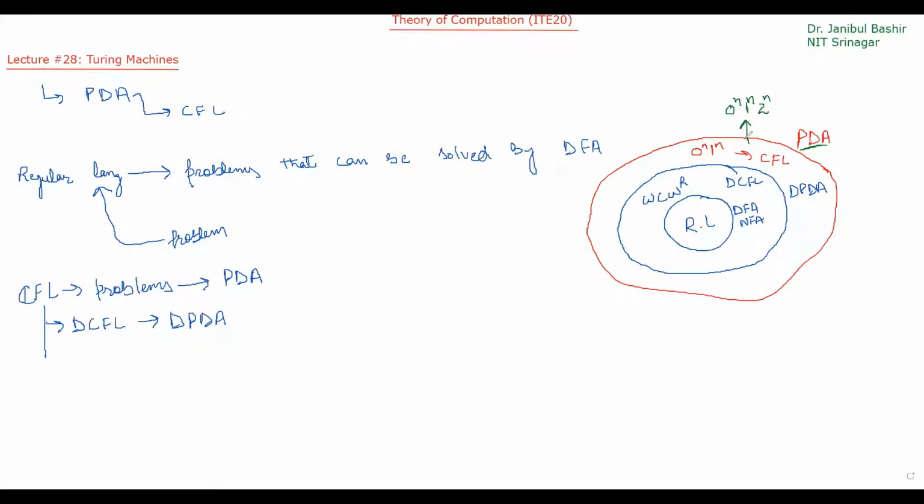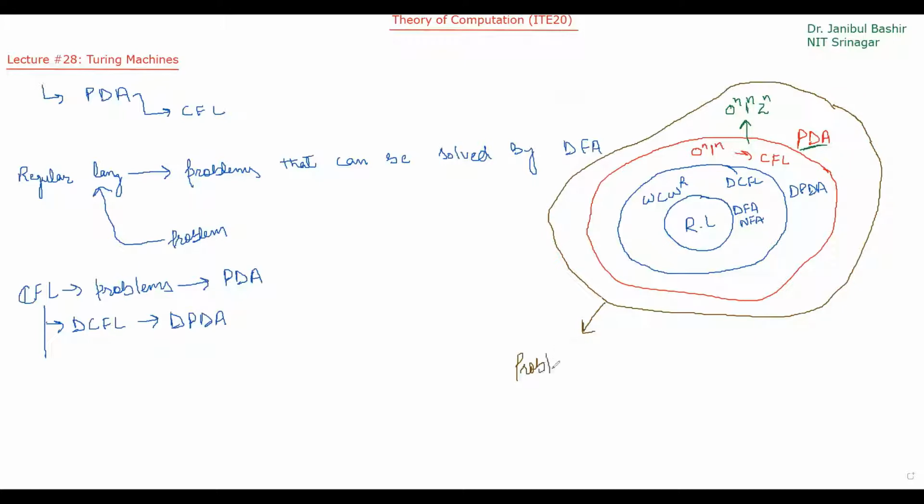This class of languages will cover all the problems that can be solved by any computing machine.